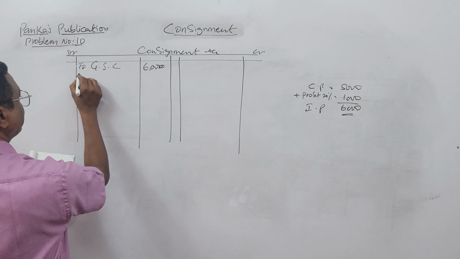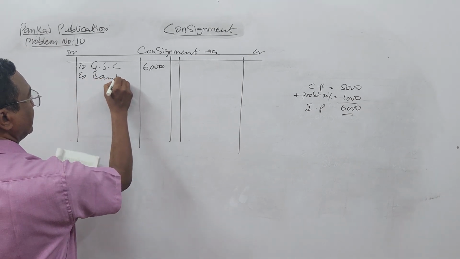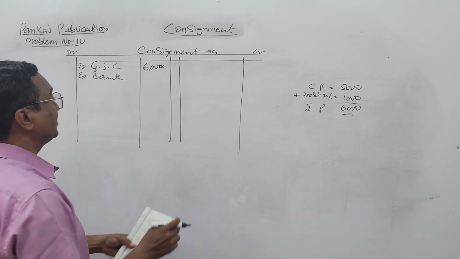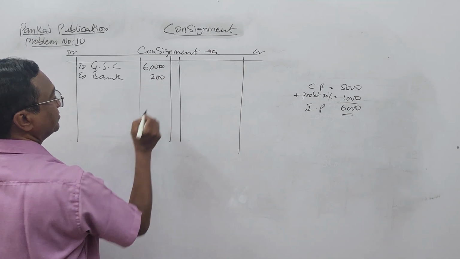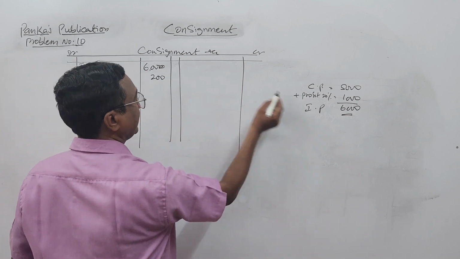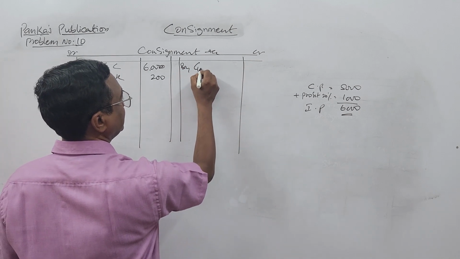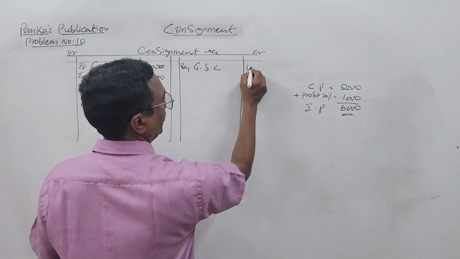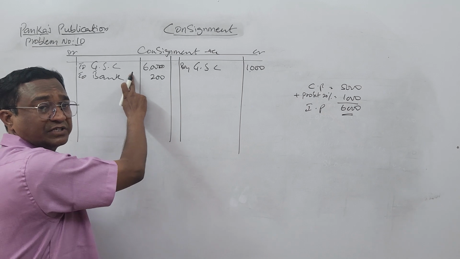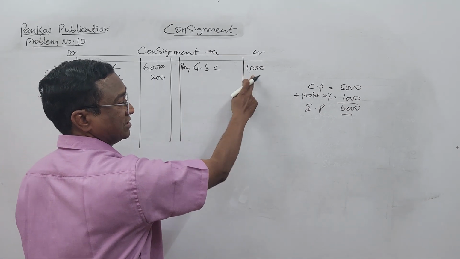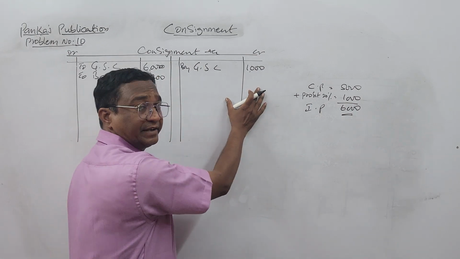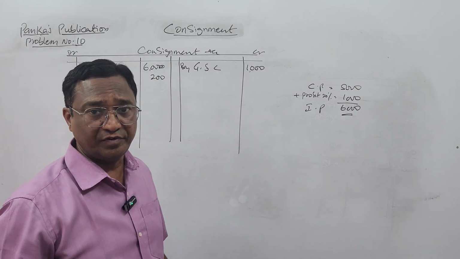And consignor's expenses, to bank account, given in the question, 120 plus 80 is 200. Then, whenever there is excess profit, immediately credit by GSC. This is cancellation of this profit, that is goods sent on consignment, cancellation 1,000, so that it will show the correct profit. If you do not credit it, then it will show a wrong profit.